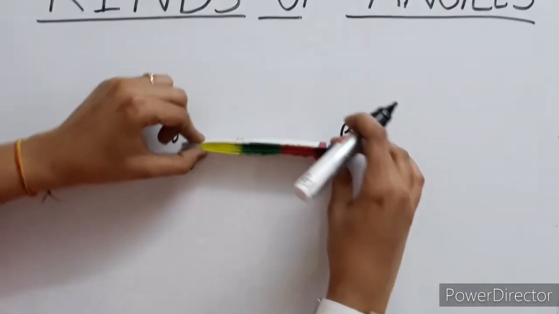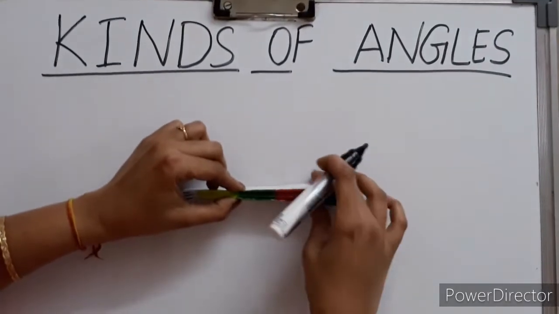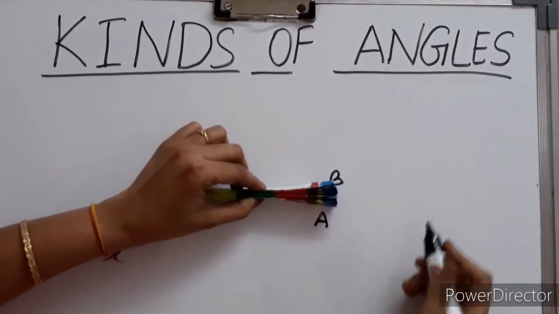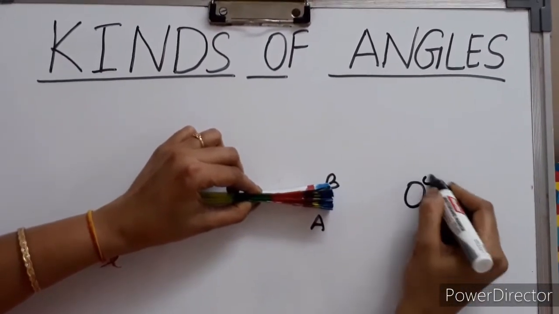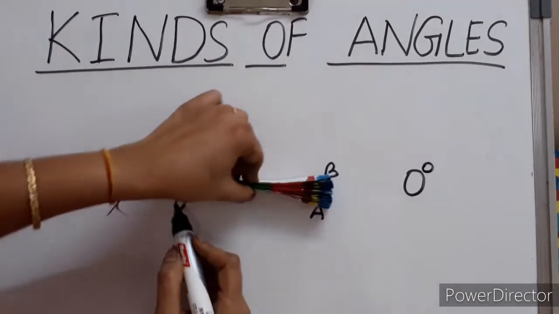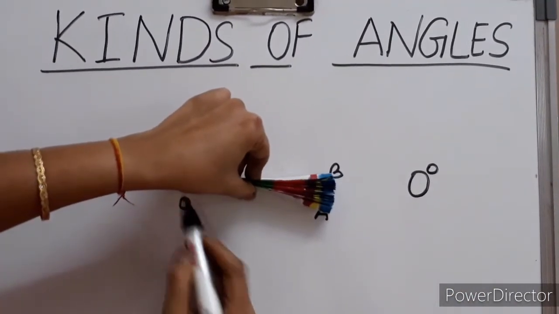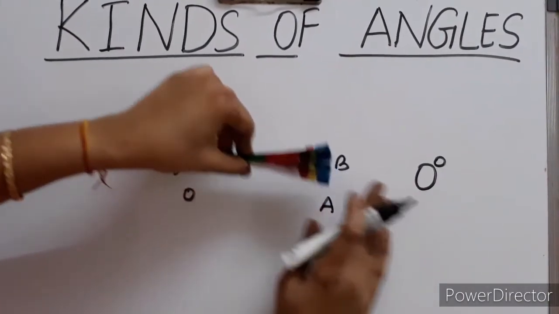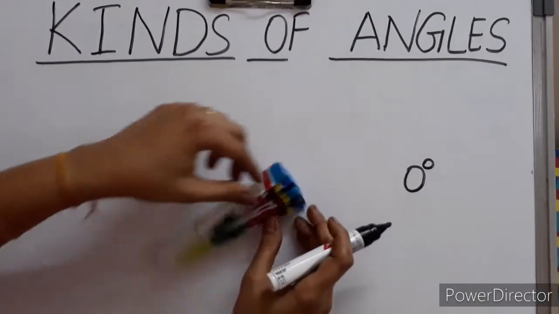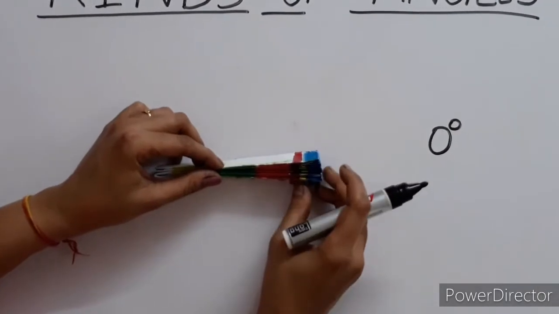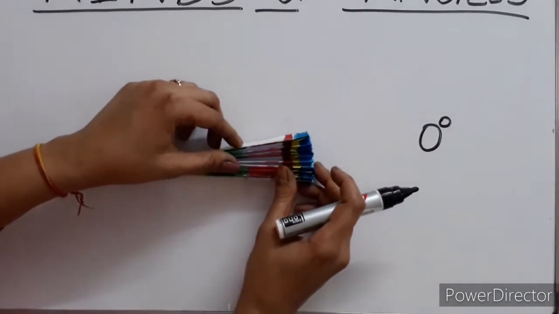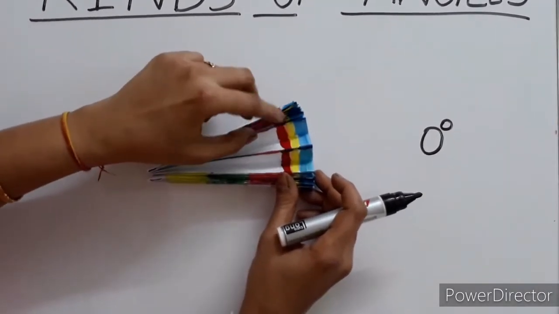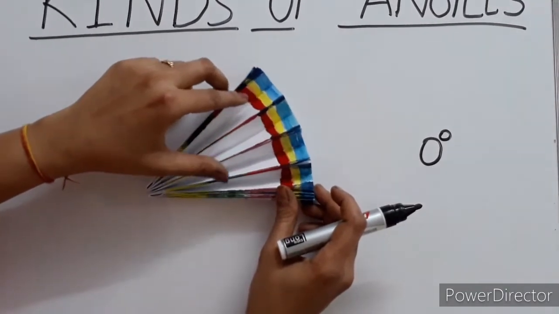Now this is closed. So what is the degree here? The degree formed here is 0 degrees. At this angle, no ray is extended, so the degree is 0 degrees. Now suppose I extend one ray like this, then what does it form?